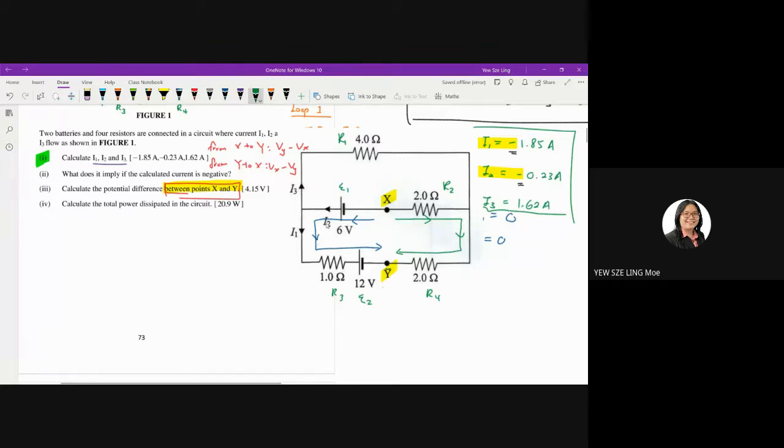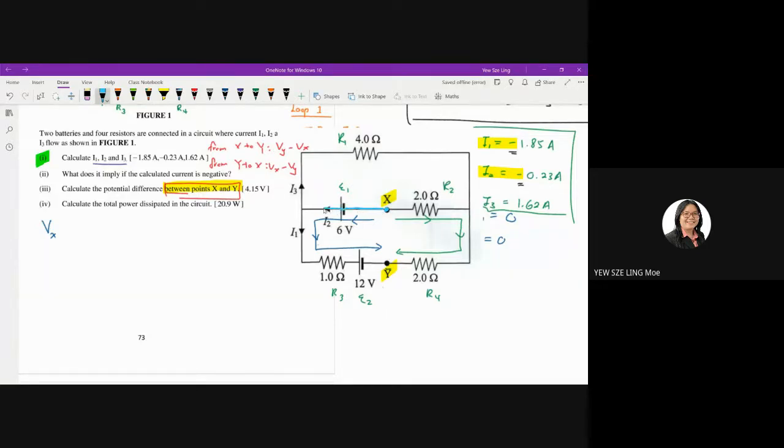All right, now let us see how we are going to form an equation. We are going to start our journey from point X. So start from Vx. Now I'm leaving Vx and moving towards EMF1.